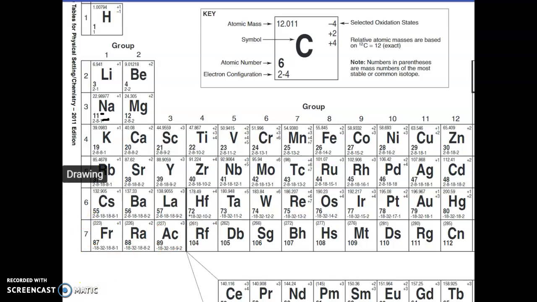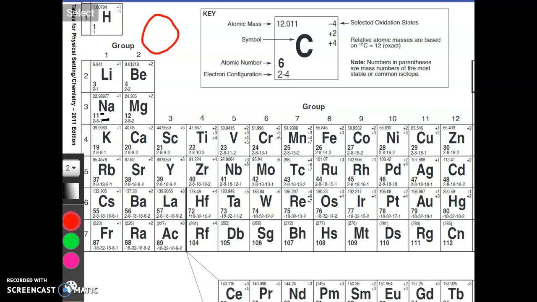Here we have our hydrogen atom, and normally the hydrogen atom has 1 proton because its atomic number is 1, so I'm going to put a little plus on the inside.